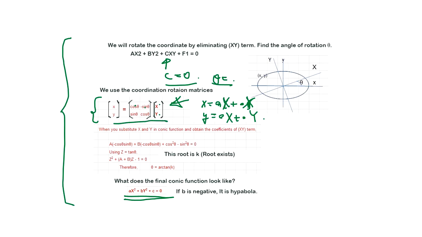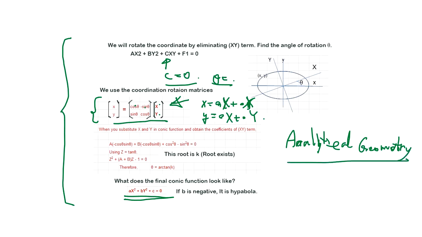Every time you rotate the coordinate, it becomes this conversion equation. Okay, so analytical geometry requires equations to find out the property or characteristic of the geometry, like ellipses, circles, and so on.